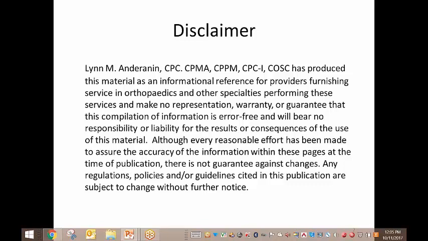I also do spine coding as a part-time position, so I have a lot of background in that. The things we're going to talk about today are things that we deal with here and what we're currently having problems with, and hopefully I will give you some information, because more than likely if we're having problems with these things, you're having those same problems.